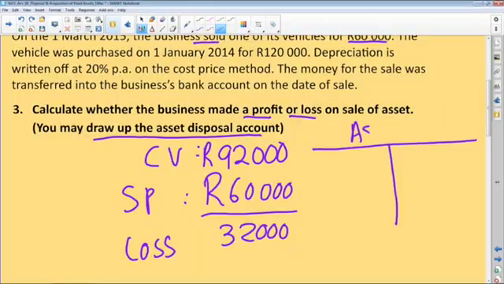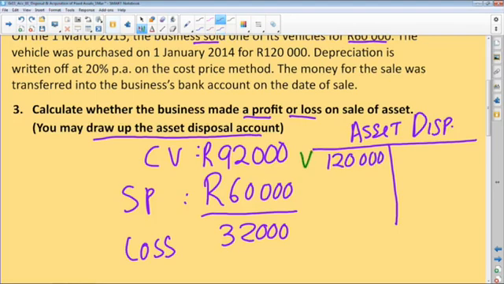Now, in the event of your teacher wanting you to do the asset disposal account, okay, let's quickly draw up the asset disposal account. Let's look at how we can also calculate this amount of 32,000. So when you draw up the asset disposal account, on the debit side, you are showing the cost price, 120,000, and obviously your details will be vehicles.